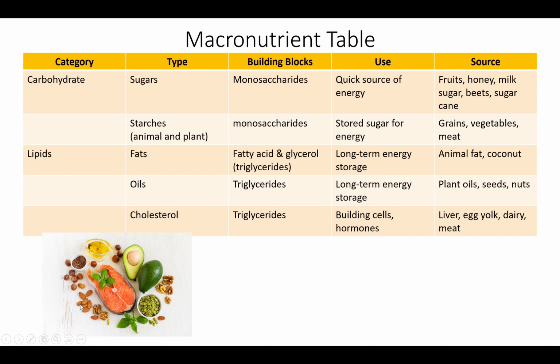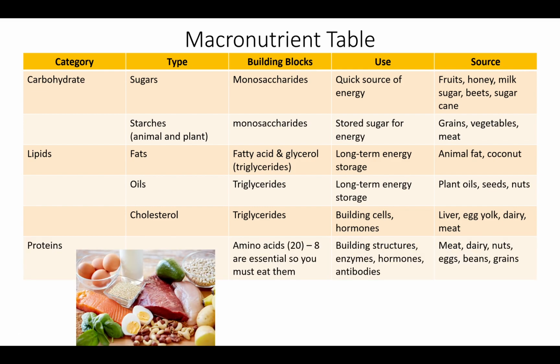Okay. The last section is protein. There's not any different types of proteins, but their building blocks are called amino acids. There are actually 20 different amino acids, and the way you put all these together in different amounts can give you a huge variety of proteins.